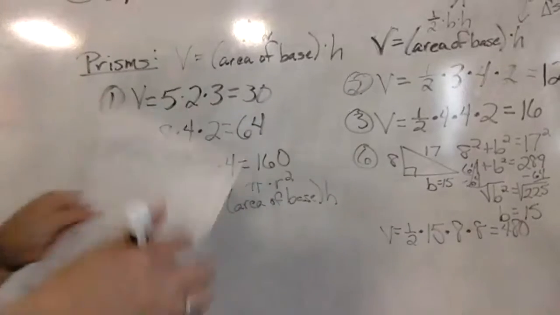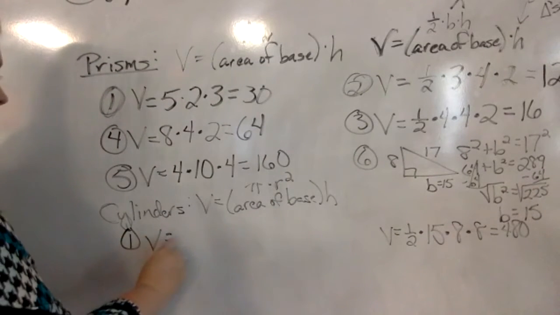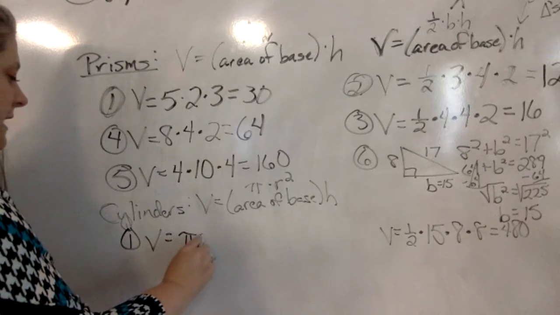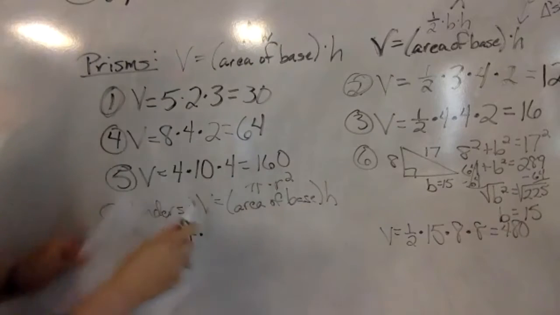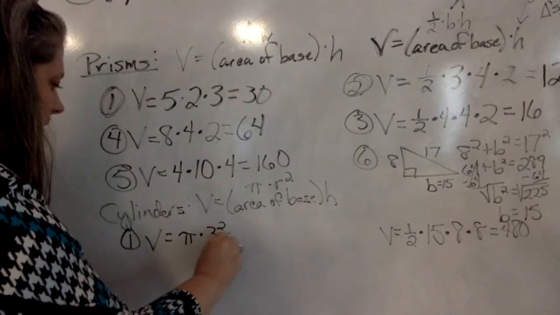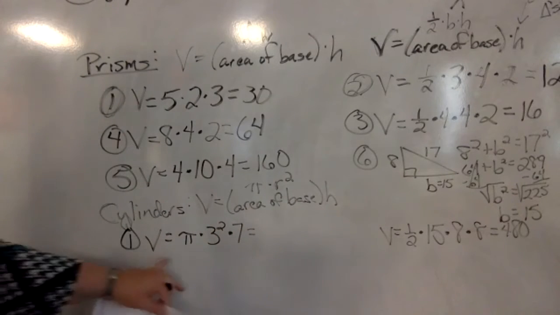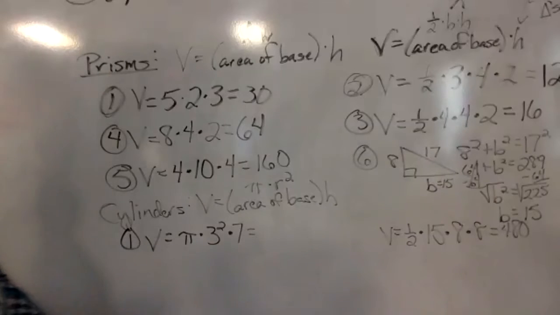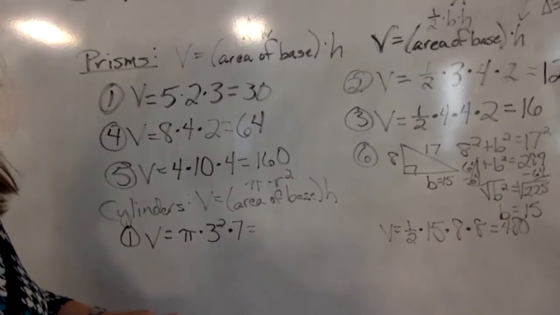So on this one, for number 1 on my volume, I have pi times the radius squared times the height. My radius of that cylinder is 3. My height of the cylinder is 7. So it's just pi times 3 squared times 7. Now, order of operations tells me we do exponents first.